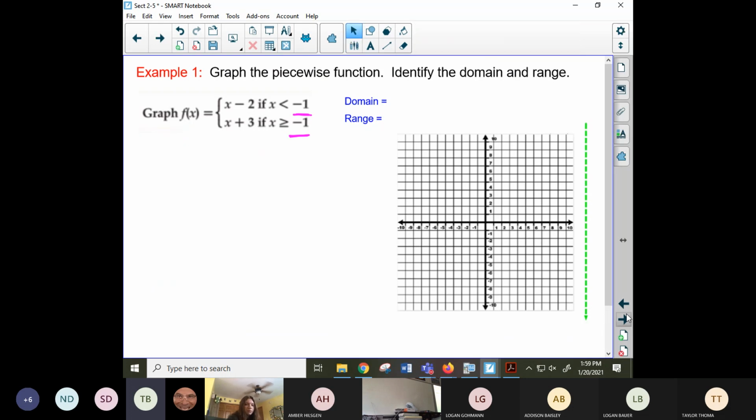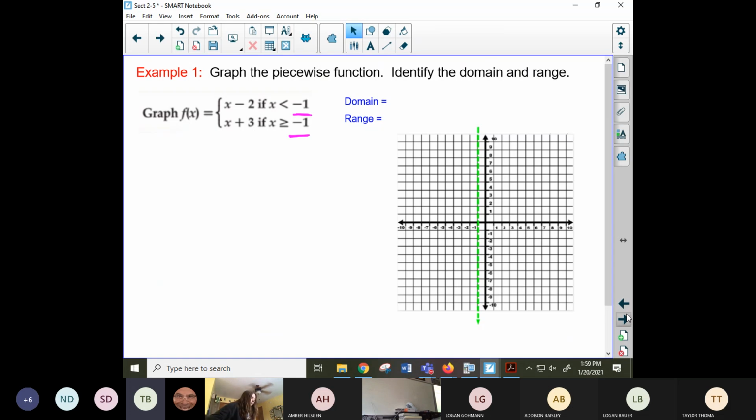So what I do, and what you may find helps, is at -1, I put a vertical line, and if you can make it a little bit different color, so you know that's kind of where the graphs are going to be different, starting at and going from. So that's where my lines are going to start and stop.